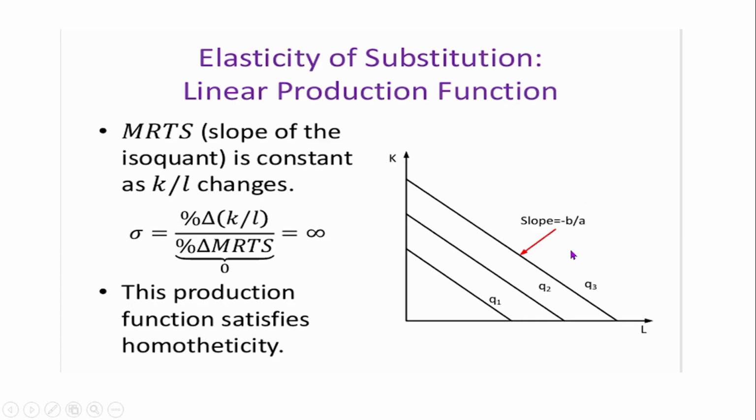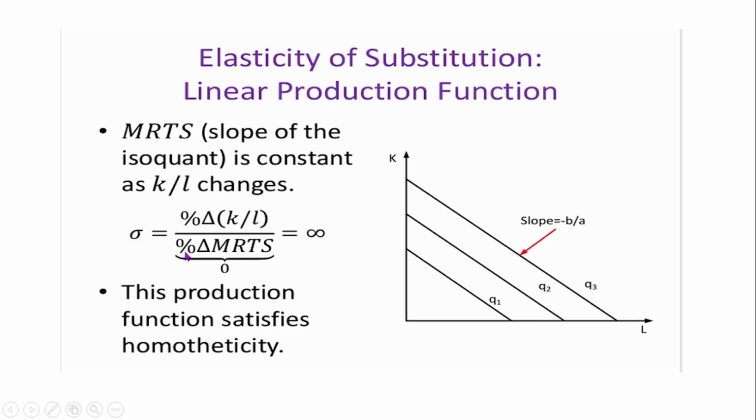That means the slope is constant, and when we take the change, it will be zero. That means the percentage change of MRTS will be zero, because there is no change, and minus b by a is a constant.